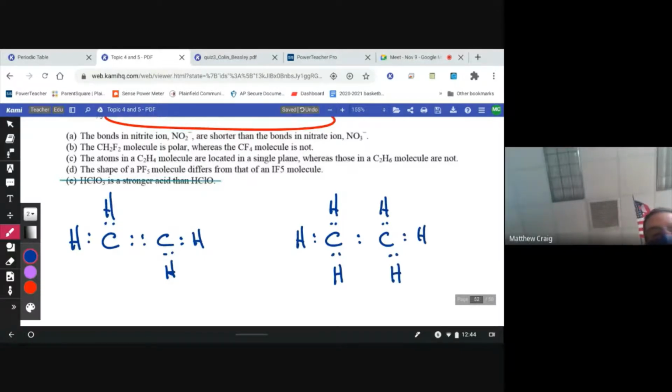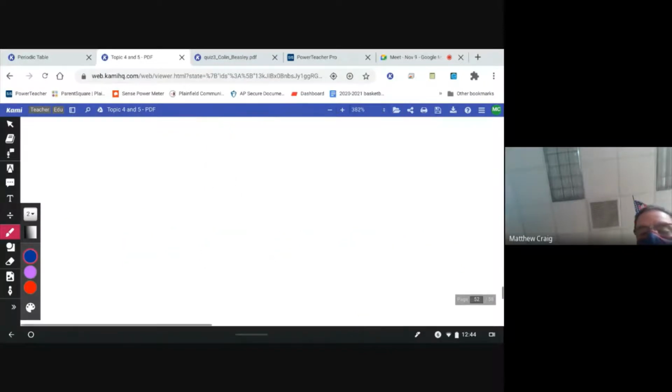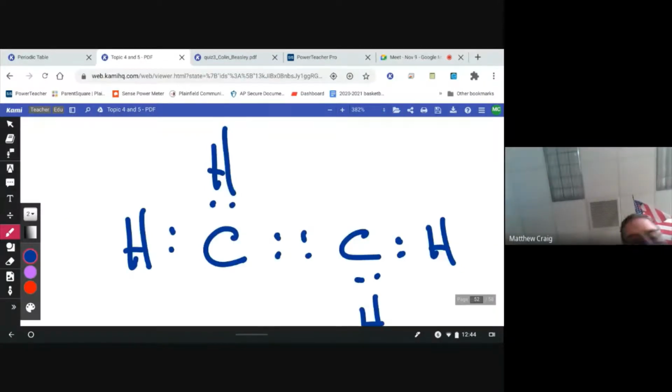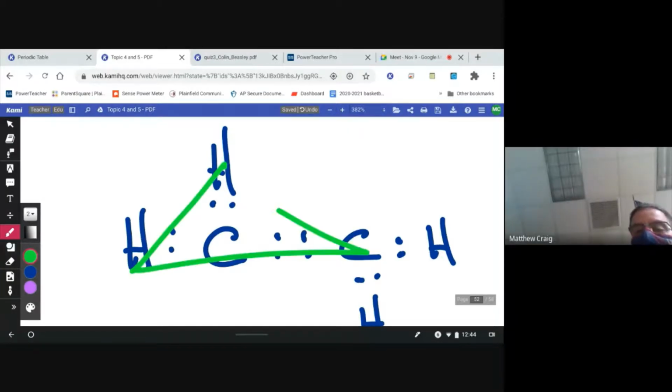All right, so let's take a look, first of all, because I'll ask in addition, what geometry is around that carbon that I just drew a triangle around? The molecular geometry. A trigonal what?